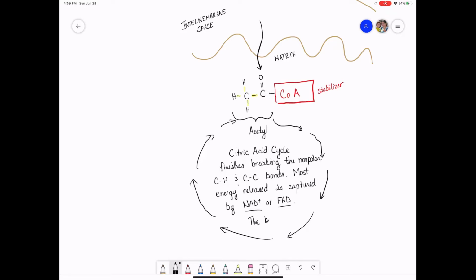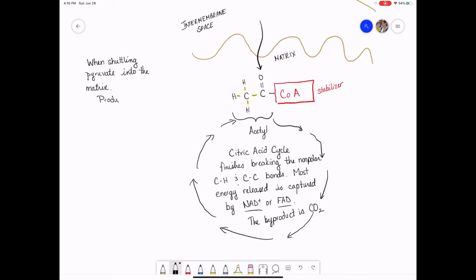They're going to be reduced into NADH and FADH2. So if you have a good understanding of the goal of the citric acid cycle, which is to finish breaking off the high energy nonpolar bonds and transferring that energy largely into NADH and FADH2, let's just do some bookkeeping. We don't need to get into the nitty-gritty of what the chemical reactions are. What we're really interested in is the outcome.